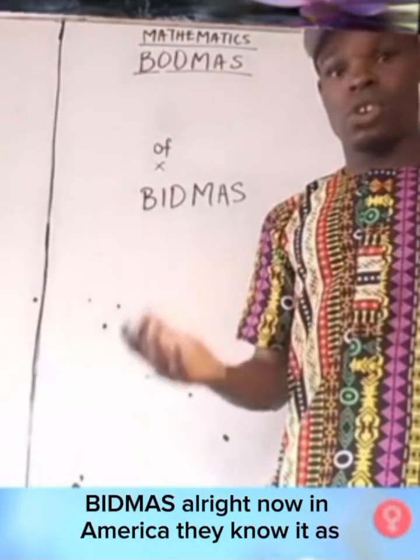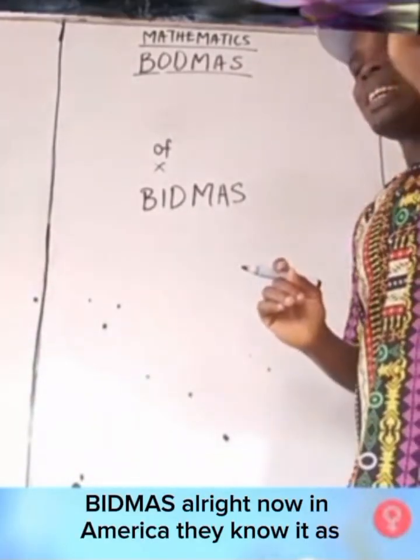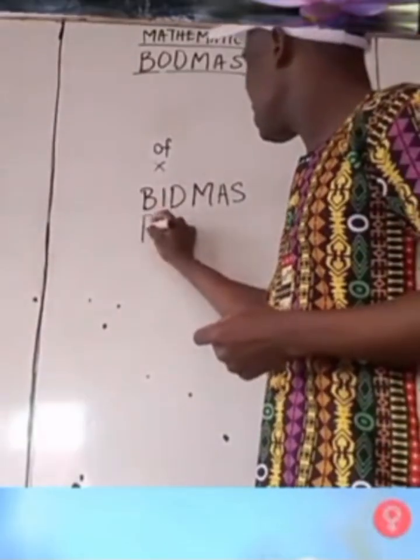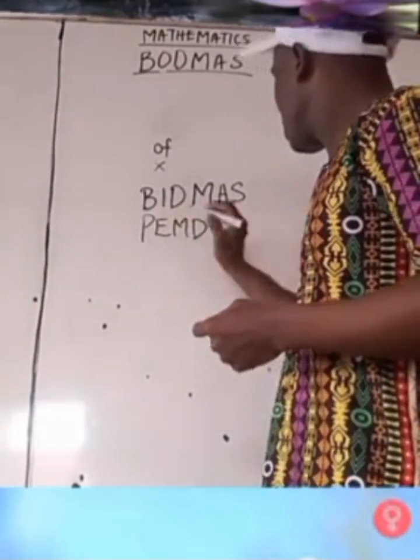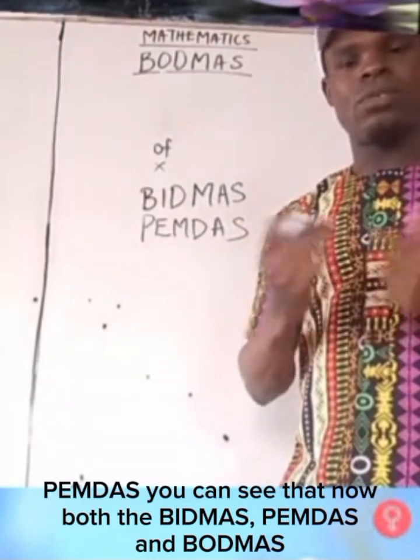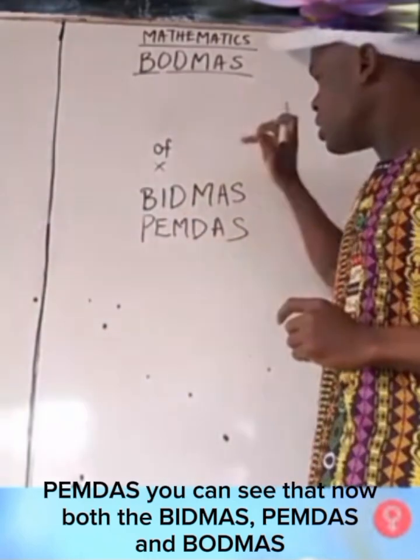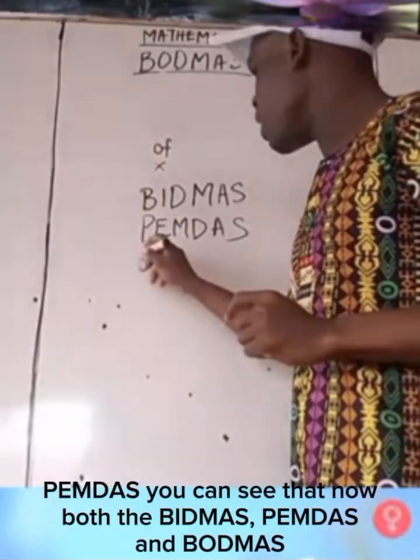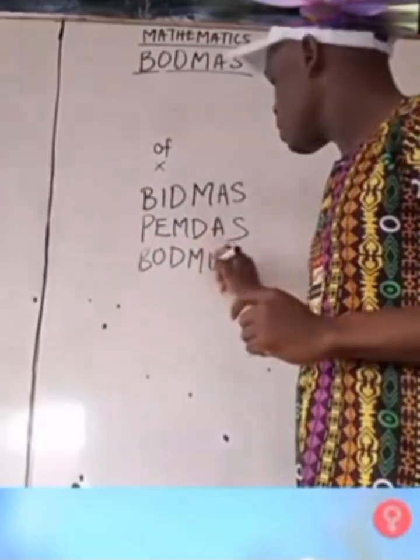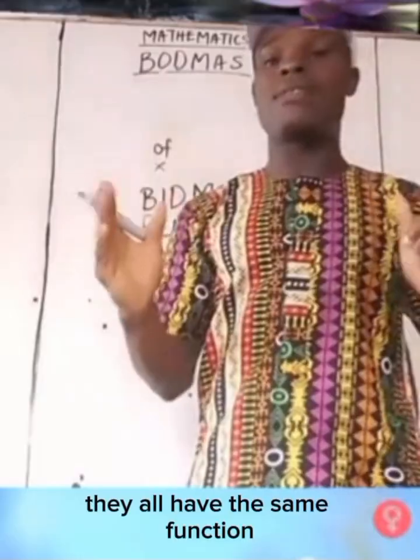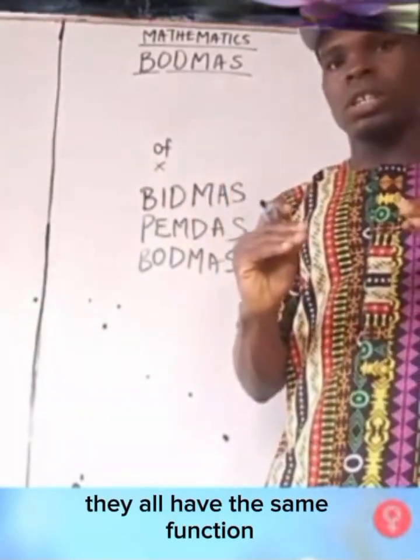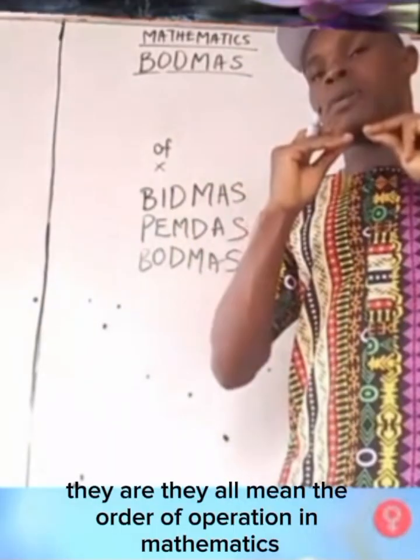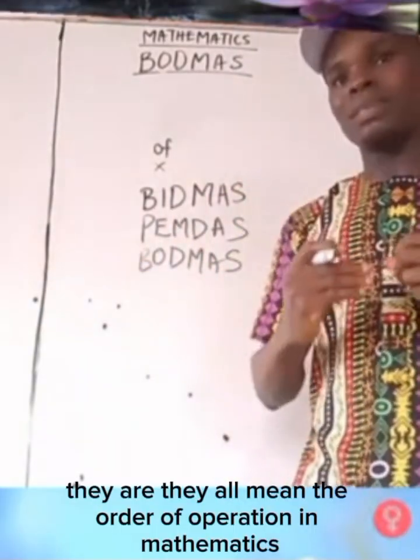Now, in America, they know it as PEMDAS. You can see that? Both of them have the same function. They all mean the same thing. They all mean the order of operation in mathematics.